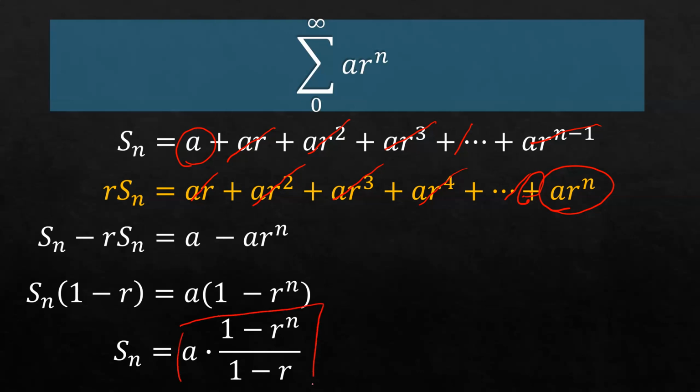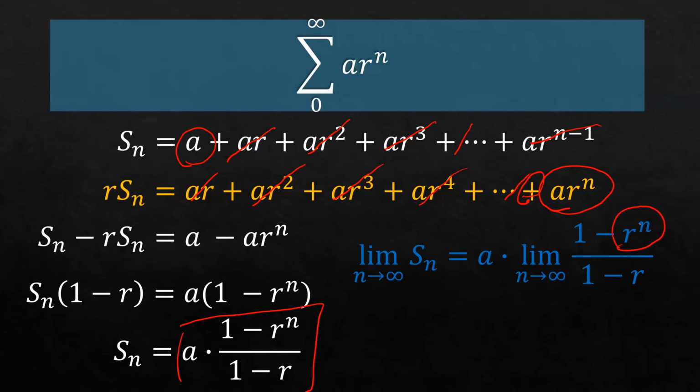Okay, so we're going to focus on that expression because the next question we want to answer is, will Sn converge? When will it converge? And when will it diverge? So when we take the limit as n goes to infinity, this will depend on that right there, which is a geometric sequence.